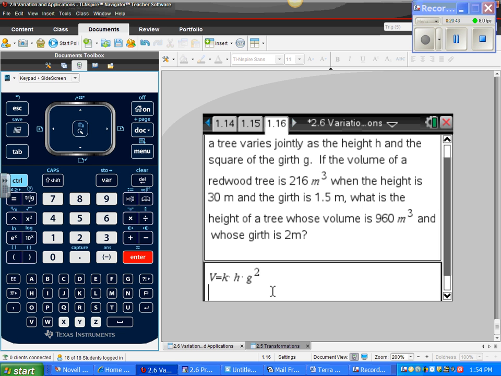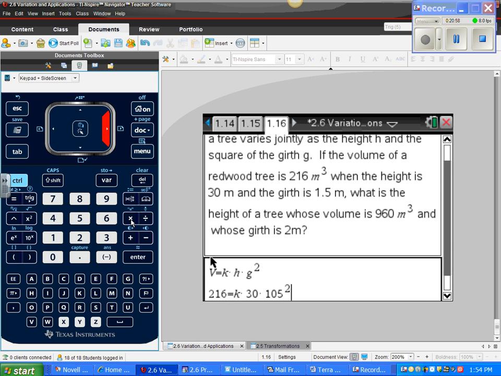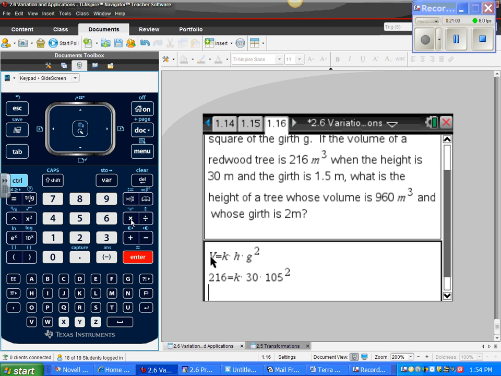So we know a bunch of this information. We know our volume is 216 meters cubed, and we don't know k. We know that my height is 30, and that my girth is 1.5, and in this case, squared. So we have 216 equals k times 67.5 when you do the math there.